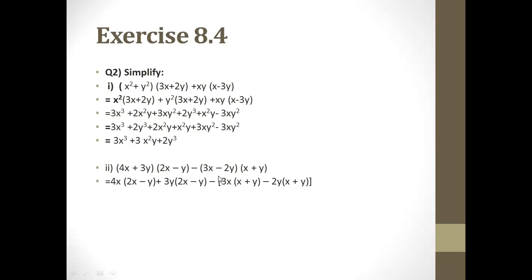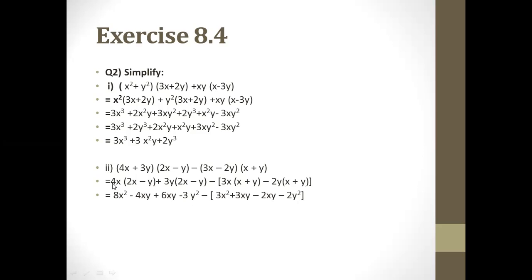Outside the bracket negative sign, you put the square bracket. Reason is because the outside sign will change the inner sign, that's why we do multiplication inside the bracket. So 3x multiply with x plus y and minus 2y multiply with x plus y.